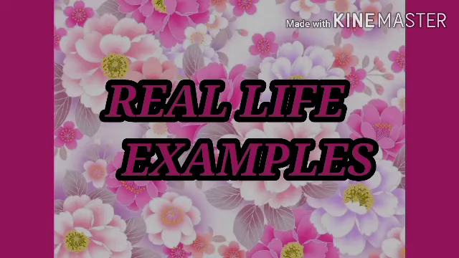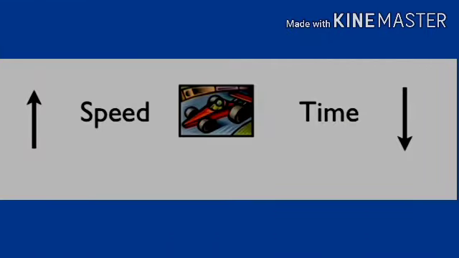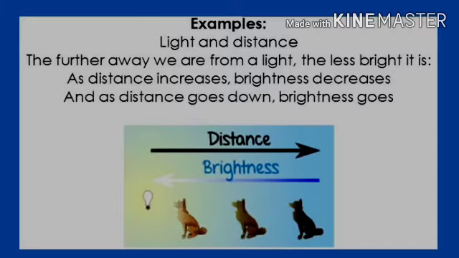Examples of inverse proportion. Speed and travel time. Speed and travel time are inversely proportional because the faster we go, the shorter the time. As speed goes up, travel time goes down, and as speed goes down, travel time goes up. Light and distance.